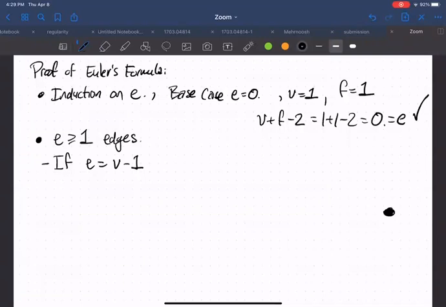Yes, exactly. It's a tree. So if E is equal to V minus 1, so remember Euler's formula is for connected graphs. So we have a graph that's connected. The number of edges is equal to the number of vertices minus 1. Then G, the graph we're talking about, is a tree.